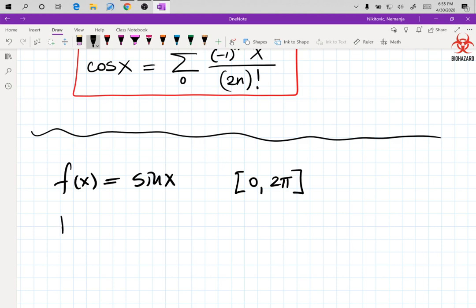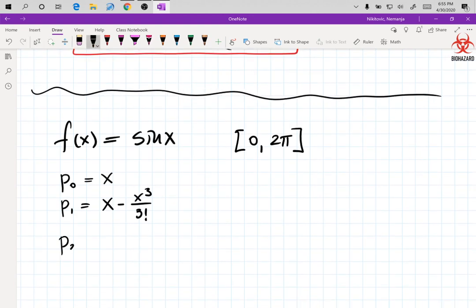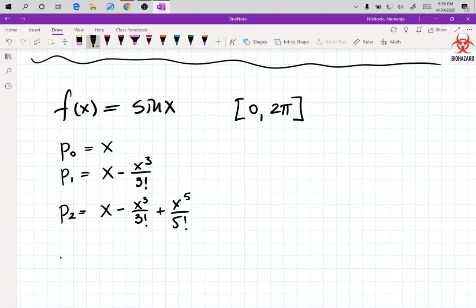And I'm going to go with P0, which will be x, P1, x minus x cubed over 3 factorial, P2, x minus x cubed over 3 factorial plus x to the 5 over 5 factorial, and P3, which is 4 terms, x minus x cubed over 3 factorial plus x to the 5 over 5 factorial minus x to the 7 over 7 factorial.